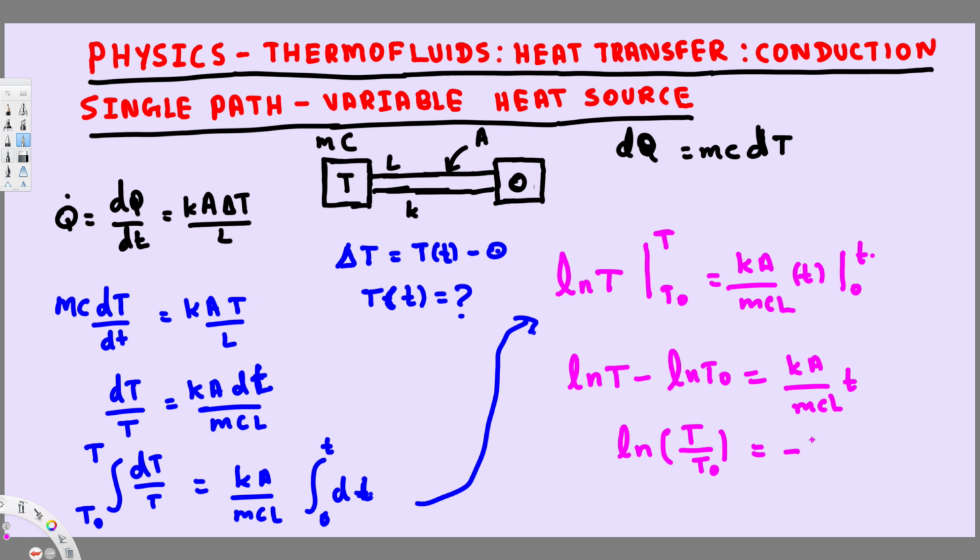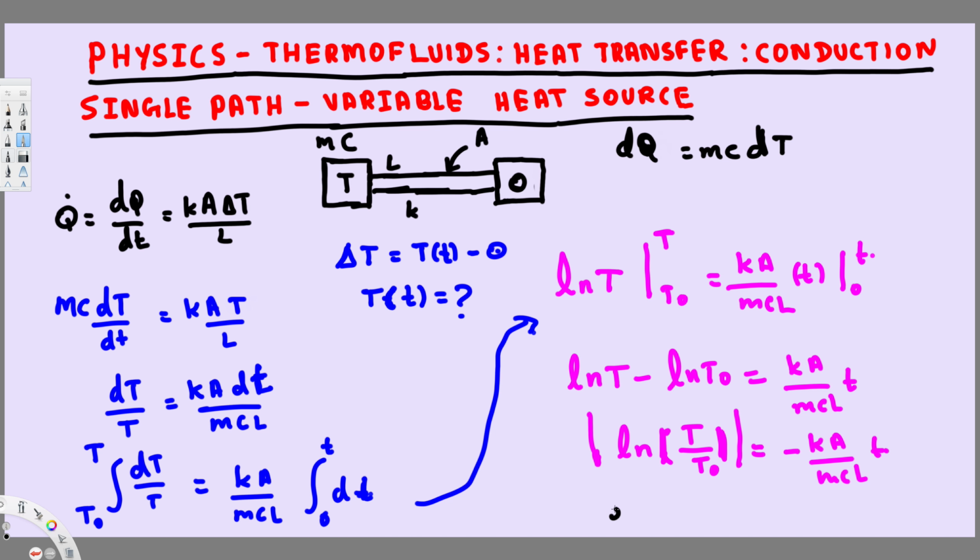So here we can have negative kA over mcL times t, and if I take absolute value right here, this is going to be absolute value of this one. Now we have this one. Now to get rid of this ln, what we can do is take e power. If I take e power, this ln and e cancel, so we will end up with T over T naught.